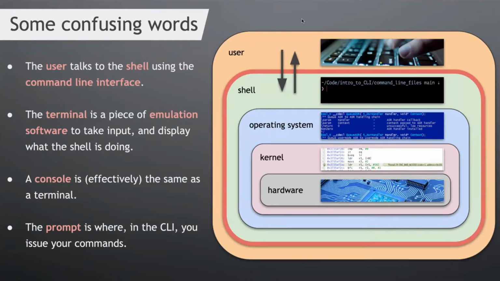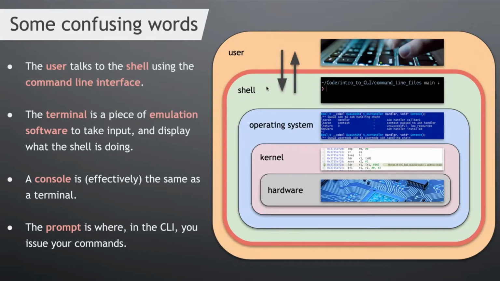So just to make those words completely clear, here are a few notes I'll let you read for yourself. But the point is the user is communicating with the shell, and we use the command line interface to do so. And the terminal is an emulation of the terminal we saw earlier, the hardware terminal.